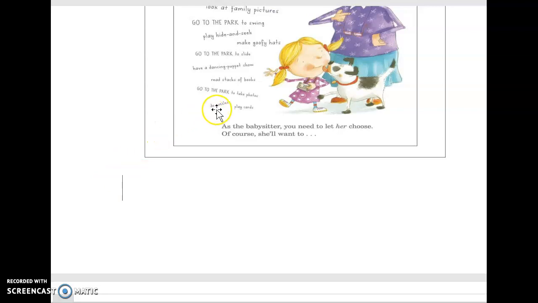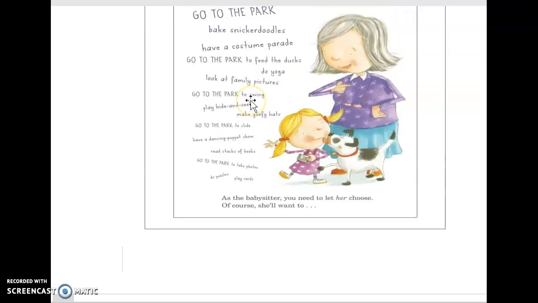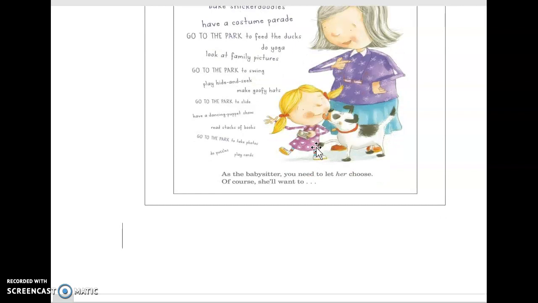So I'm going to help you with 2 and you're going to find 4 more. So I think if I was using an adjective to describe the grandma, I think she is very helpful to her granddaughter. So I'm going to write helpful. That is an adjective that describes the grandma. I'm going to give you one more.